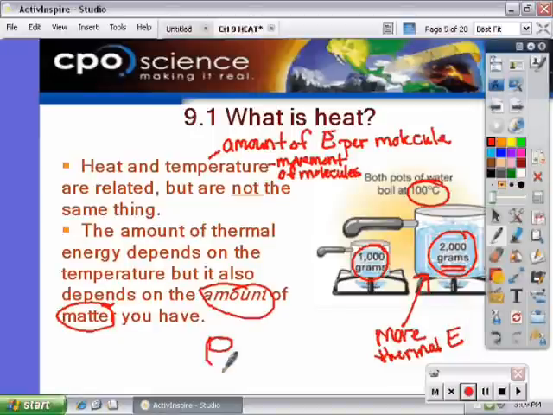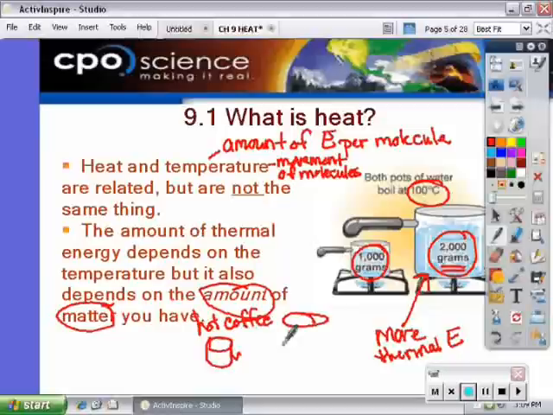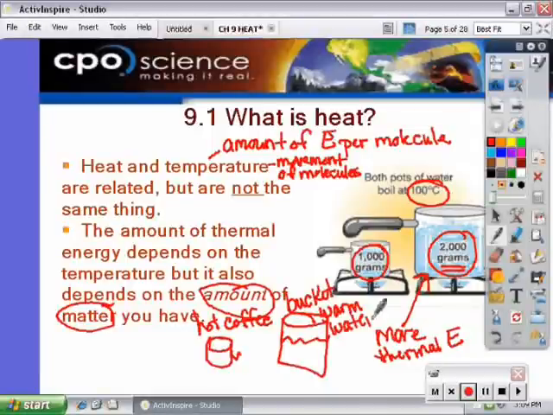Now, if I have a cup of very hot coffee, and I have a big bucket of warm water, now here the temperature is different.